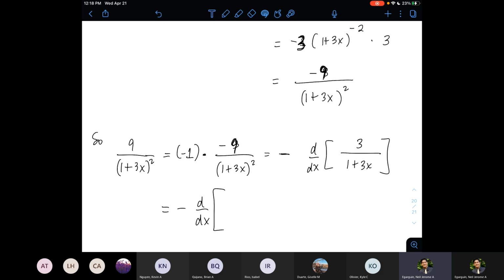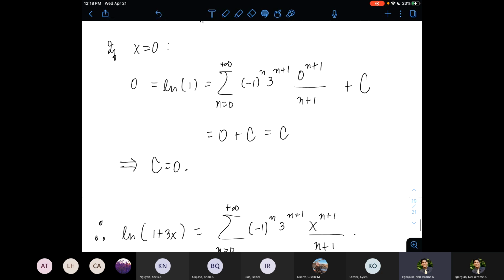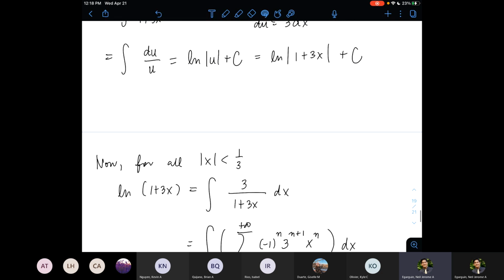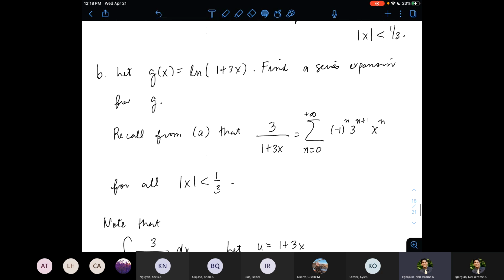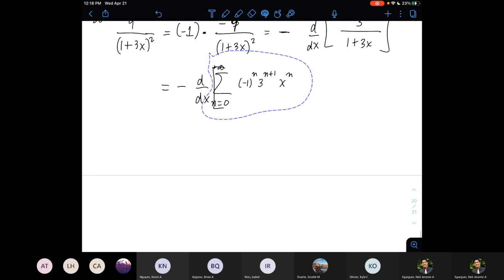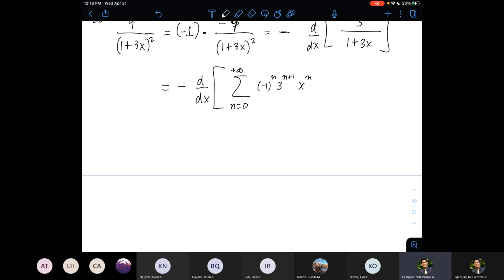Okay. So we found out the series expansion for 3 over 1 plus 3x is this. Let me just copy it from above. There we go. We know this expansion to be true. And this is true for x's whose magnitude is less than 1/3, right?